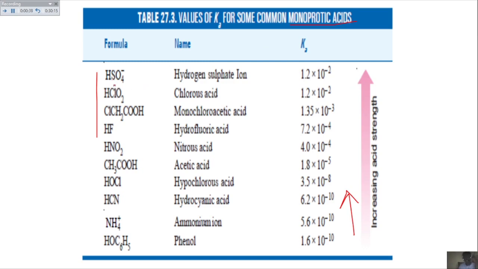Having one hydrogen ion in their solution, this one is the strongest because the hydrogen ion concentration here is higher than when you have it here, then in chloroethanoic acid. When you have hydrogen fluoride compared with HNO3, hydrogen fluoride will be weaker than HNO3, then all these down are weak acids, and it goes up towards CH3COOH.